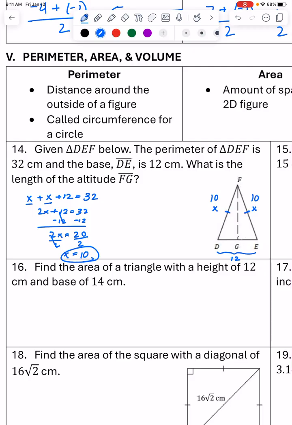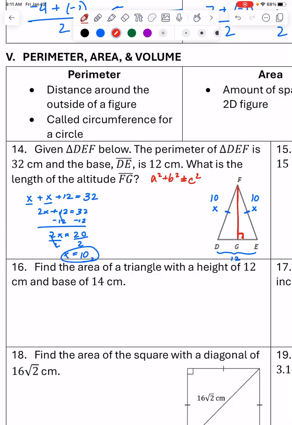But what it wants us to find is the length of FG. So it wants us to find the length of this right here. Okay. And it says it's an altitude. So an altitude creates a right angle. So what we've created here is a right triangle. And since we have a right triangle, we can use the Pythagorean theorem.